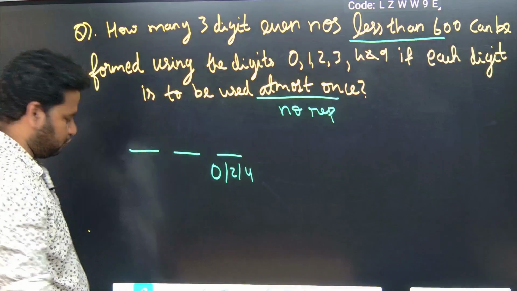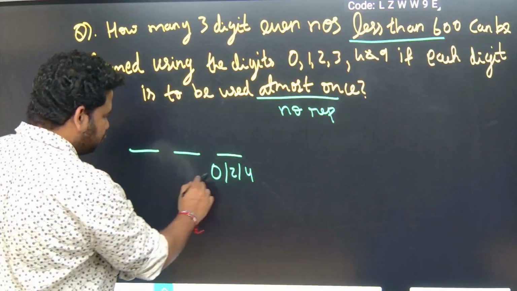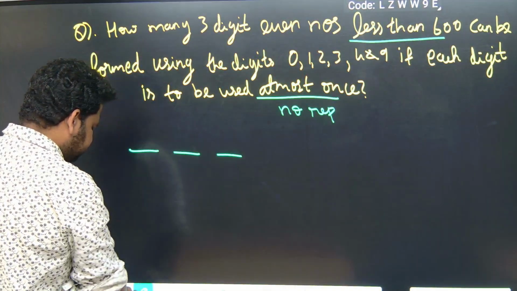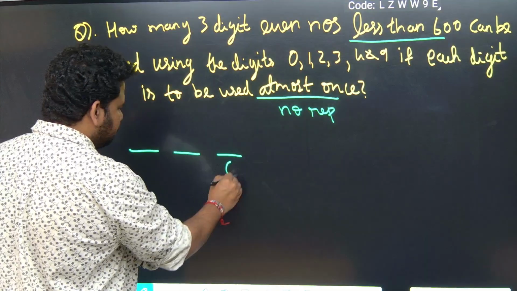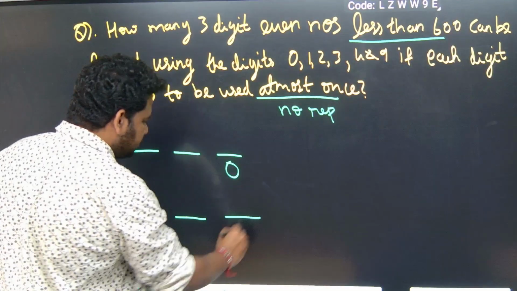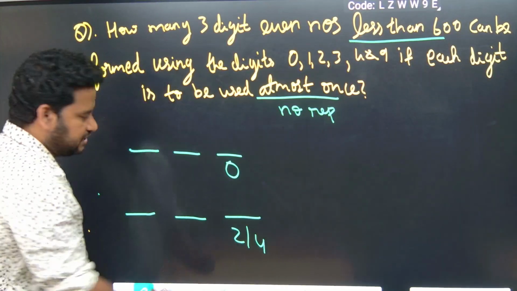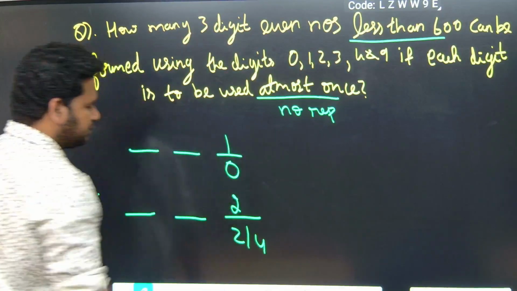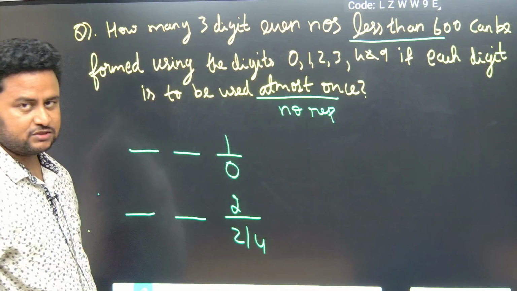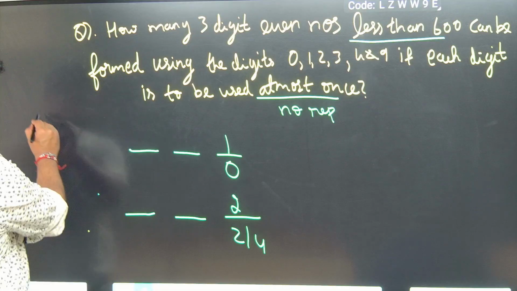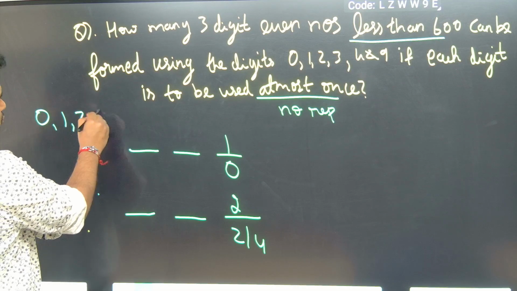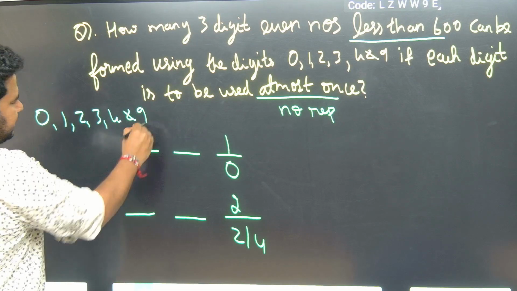Let us make 2 cases here, in such a way that in one case it is 0, in another case it is 2 or 4. Now what are the numbers that we have? 0, 1, 2, 3, 4 and 9.